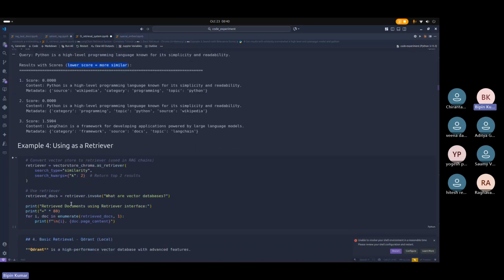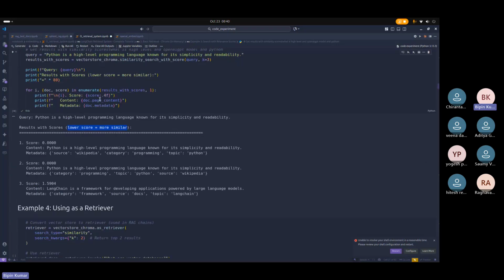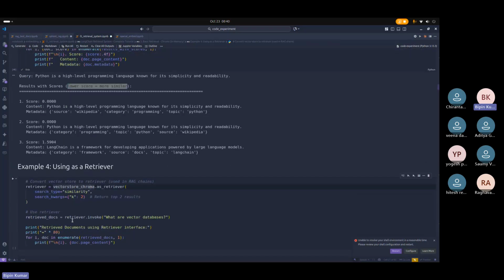One more thing that we can do is ask the same through the invoke function. Just like if you have to use an LLM, we do llm.invoke, right? Here also you can create a retriever.